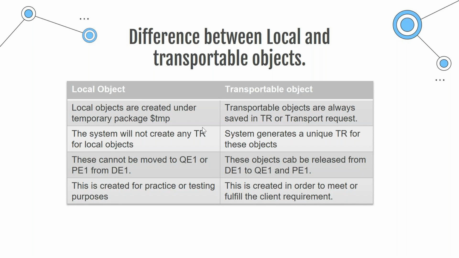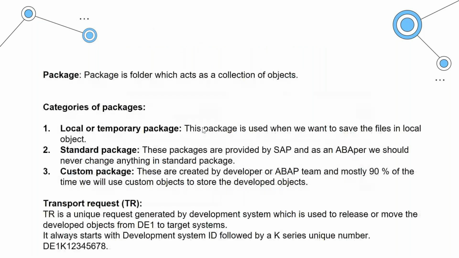Local objects are created in development system and cannot be moved to quality or production, whereas transportable objects can be moved to quality or production system. Local objects are created only for practice purposes, and transportable objects are created to meet the actual client requirement.